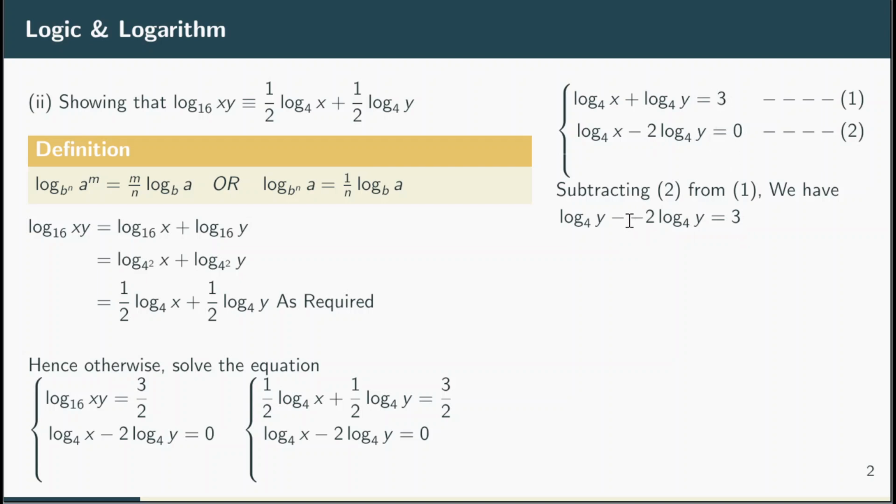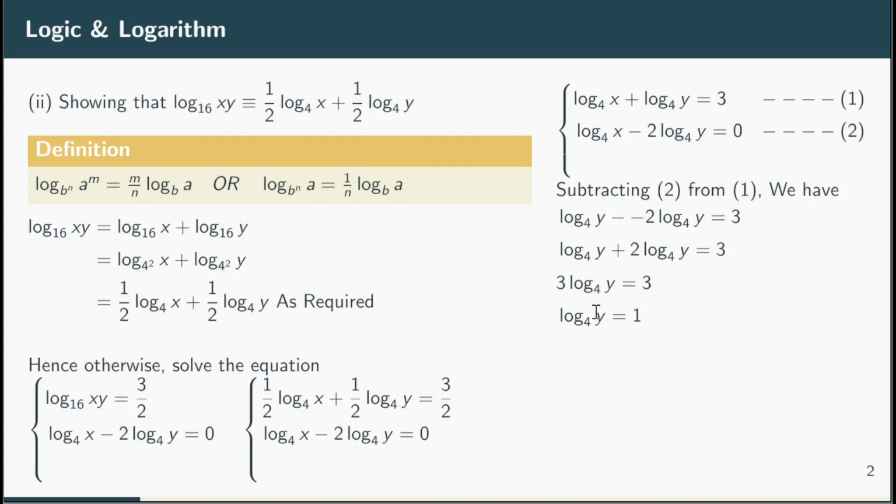Now this just changes to positive, and I'm adding 2 like terms. 1 of this log plus 2 of this log gives 3 of that log. So I can divide both sides by 3, and the 3 cancels out, and I have log to the base 4 of y is equal to 1.